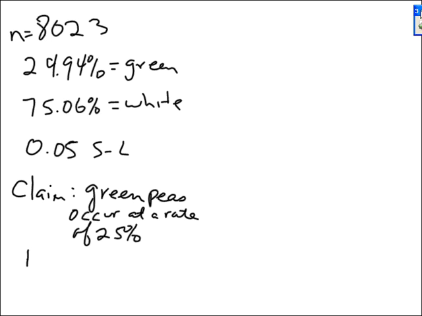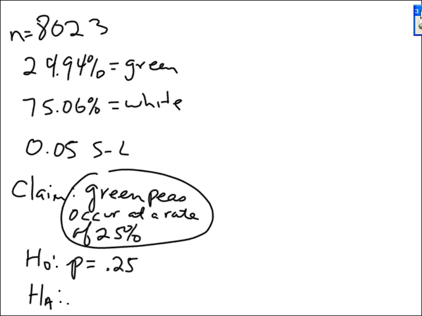So the null hypothesis would be that the proportion is 25%, which is 0.25. The alternative would be, since they told us that it is 25%, that it's not 25%. It's not 0.25.